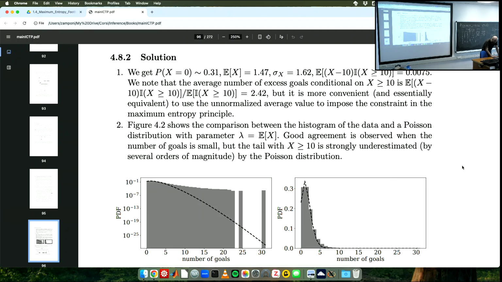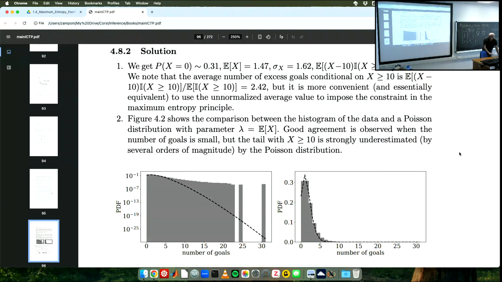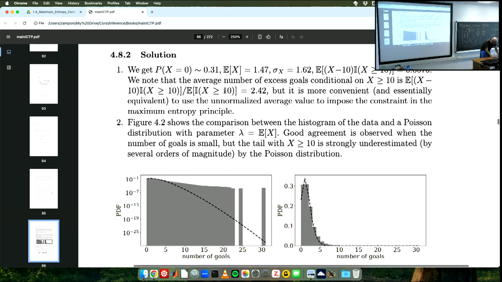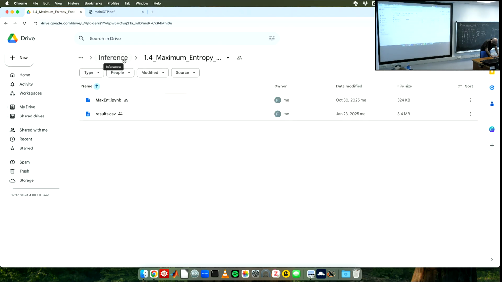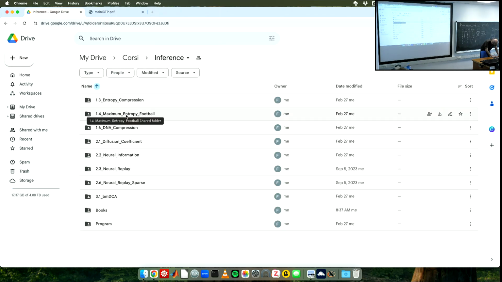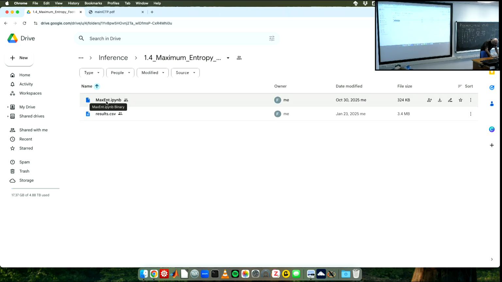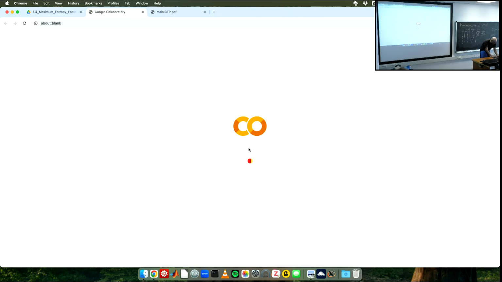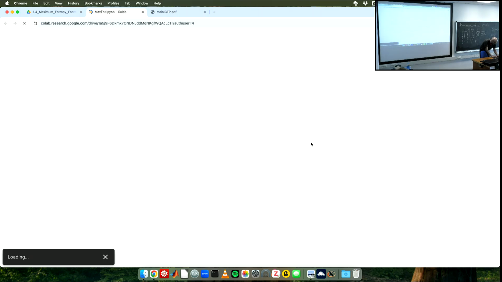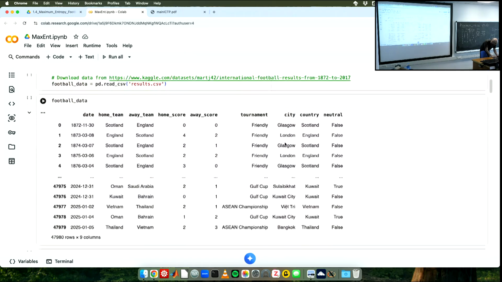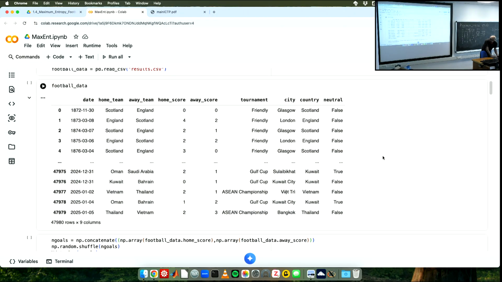Okay. First of all, to give you an idea, once again, if you want to play with this data, you can go to the drive folder and you can get the code, or you can try to write your own code and have a look at the data. So here you see how the data look. Each row is a match.